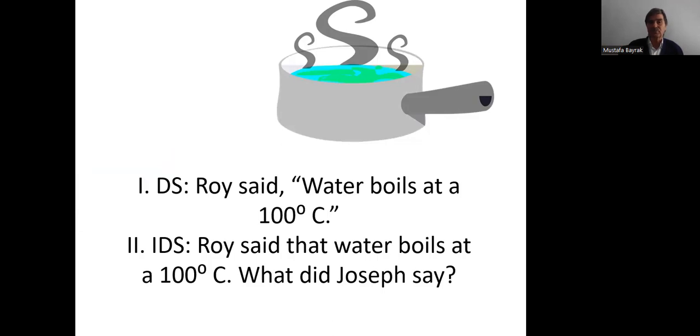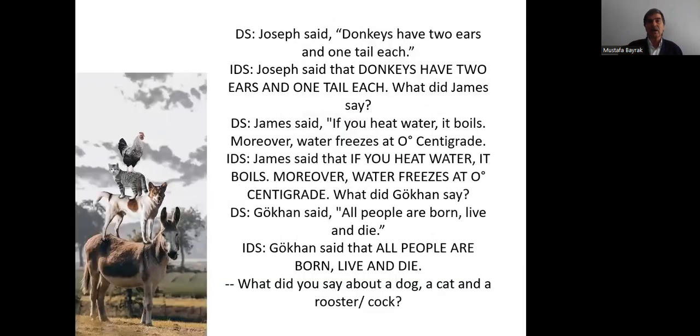Yeah, we don't change these present tenses into past tense. We don't go one tense back towards the past. Direct speech: Joseph said, "Donkeys have 2 ears and one tail each." Indirect speech: Joseph said that donkeys have 2 ears and one tail each.